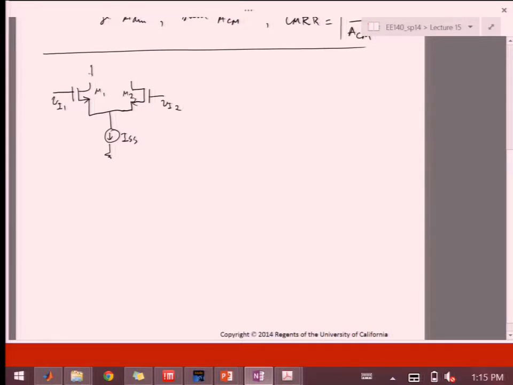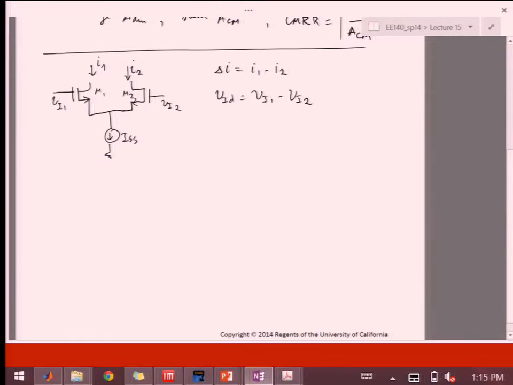And we'll say that through M1, we have current I1, and you'll have current I2 through M2. And then we'll say that delta I is I1 minus I2, and VID will be our VI1 minus VI2.